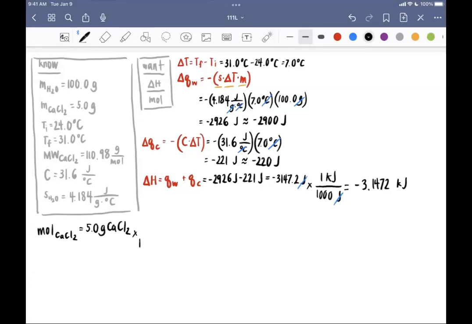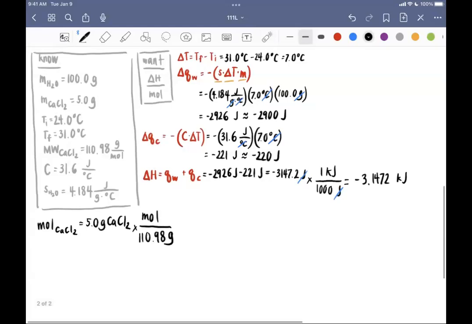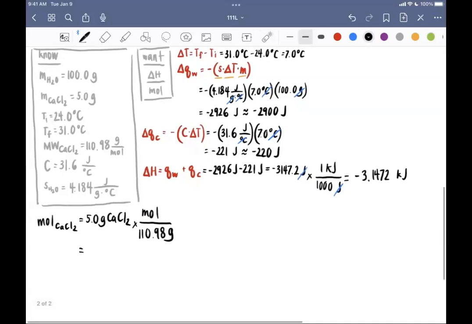We're going to divide by 110.98 grams in 1 mole, and that is going to give us 0.045 moles of CaCl2. Actually, there's another 0 that trails here, but we can represent that as 0.045 in terms of sig figs.